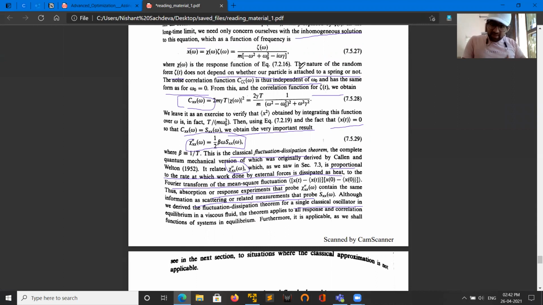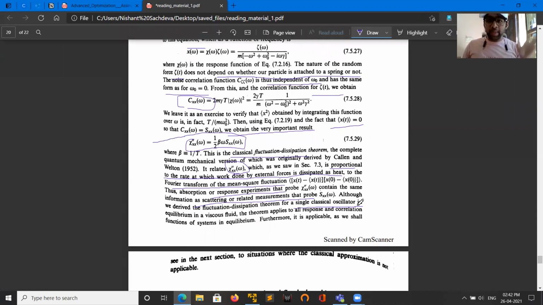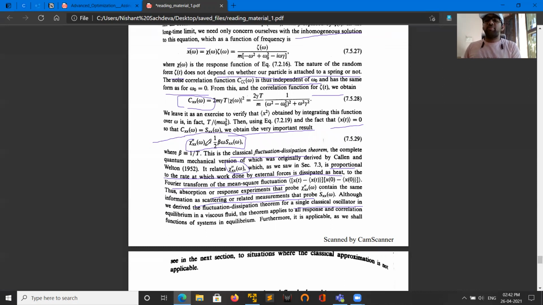So this is the classical fluctuation dissipation theorem. The complete quantum mechanical version was originally derived by Callen and Welton, not of our concern, but it relates chi double prime of omega to the Fourier transform of the mean square fluctuation. How that helps us is that it tells us that absorption or response experiments that probe chi double prime of omega contain the same information as scattering or related experiments that probe S_xx of omega.